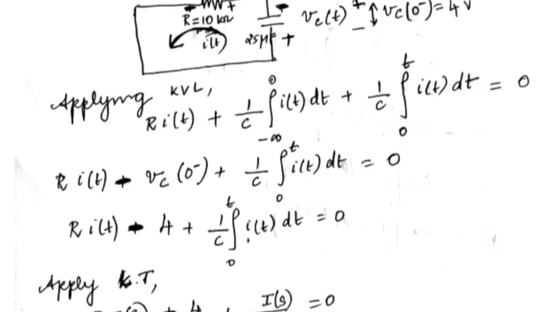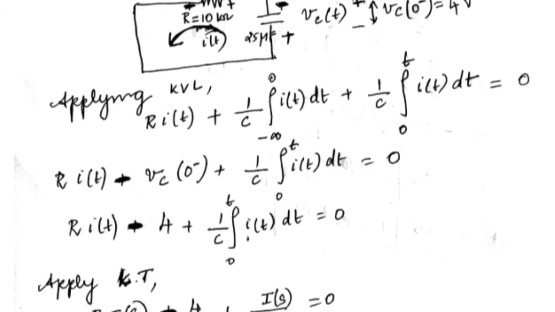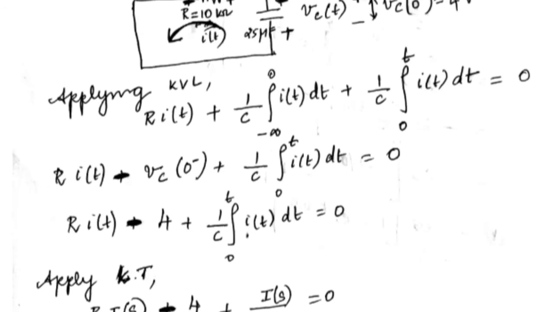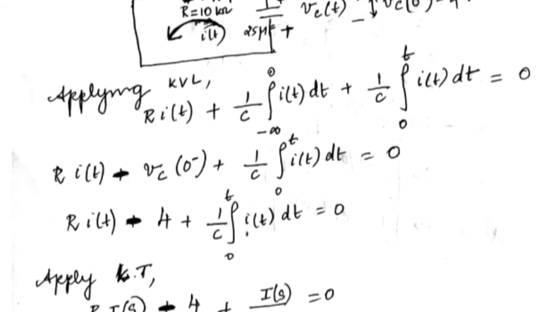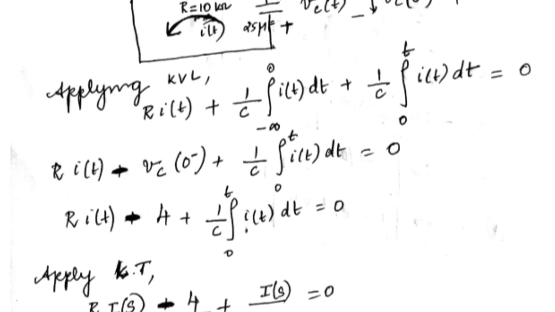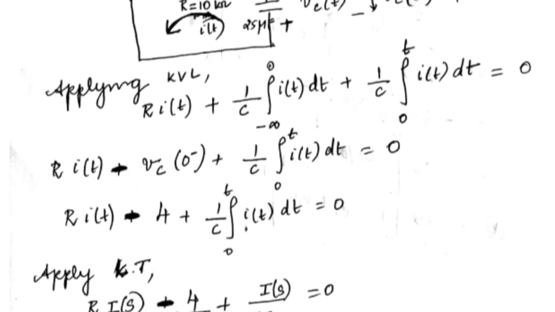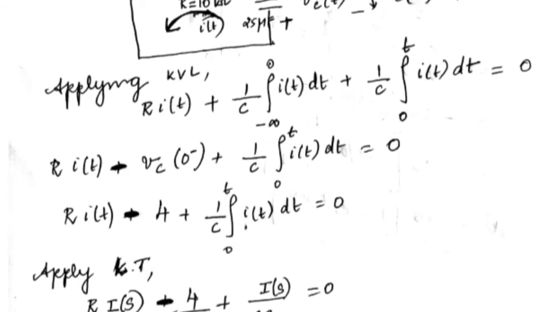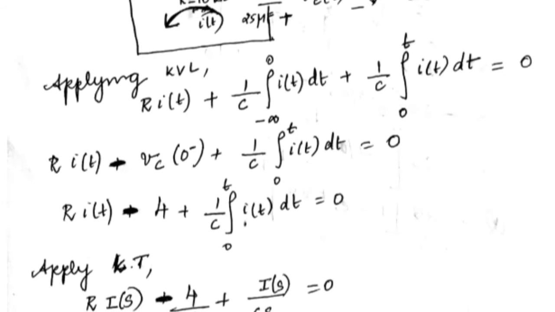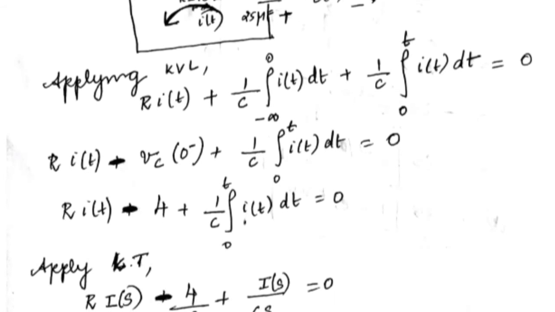So R i of t minus 4, since the value we got as V of 0 minus is 4, plus 1 by C integral from 0 to t of i of t dt is equal to 0. So we have this KVL equation.